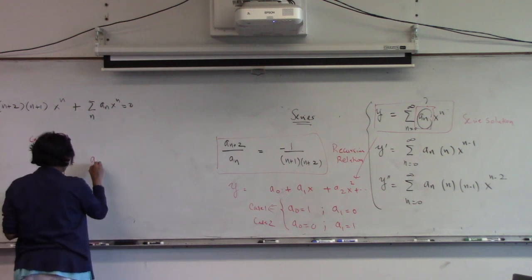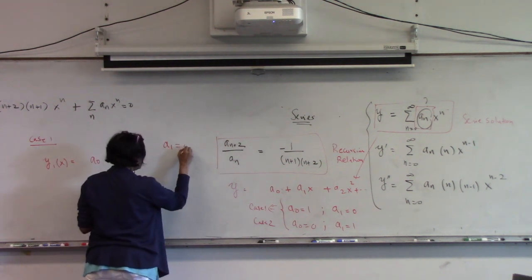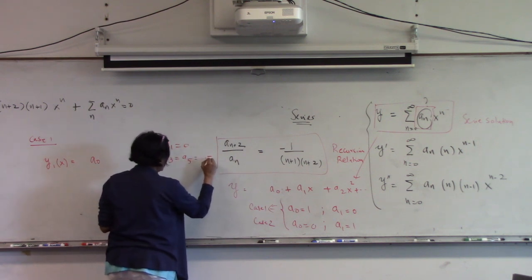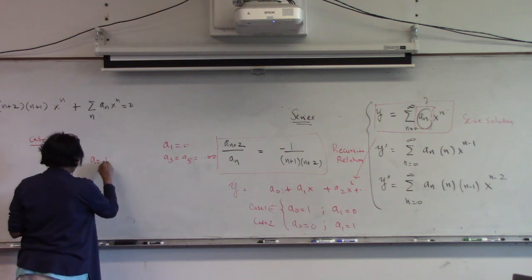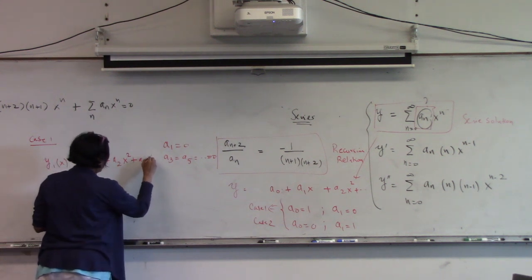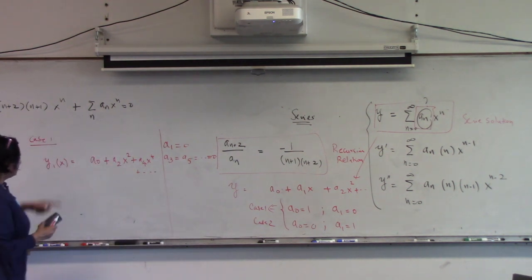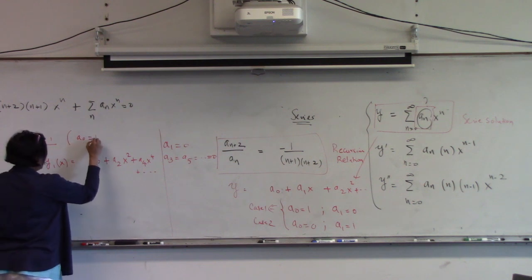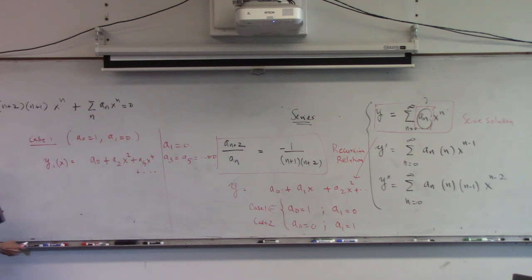I have a0, and a1 is 0 because of this relationship. If a1 is equal to 0, then a3, a5, all the odd coefficients become 0. Okay, so what I have is y1(x) is equal to a0 plus a2 x squared, a4 x to the power 4, and so on and so forth. So if I go with the first choice of a0 equal to 1 and a1 equal to 0, this is what I end up with. Okay, fine.